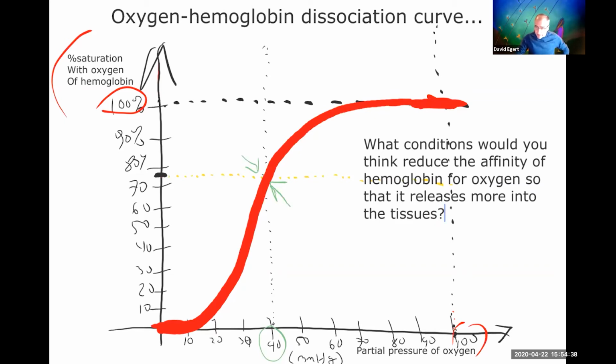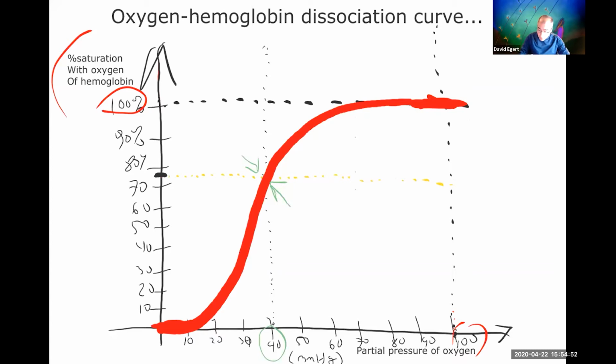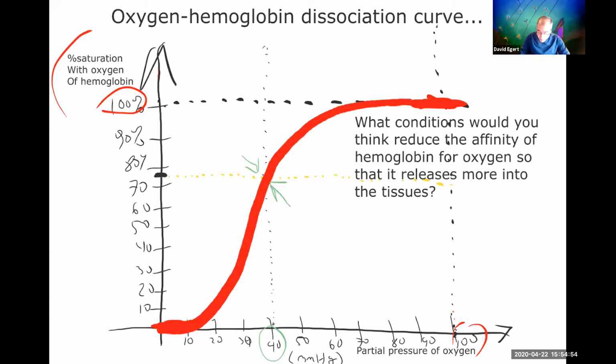So what kind of conditions do you think would be in play that would cause the hemoglobin to have less affinity? Less affinity means you're going to let go of more oxygen. More oxygen is going to go into the tissue.